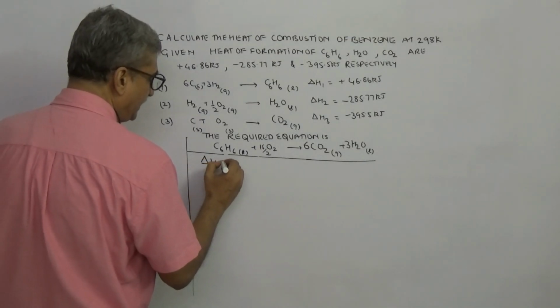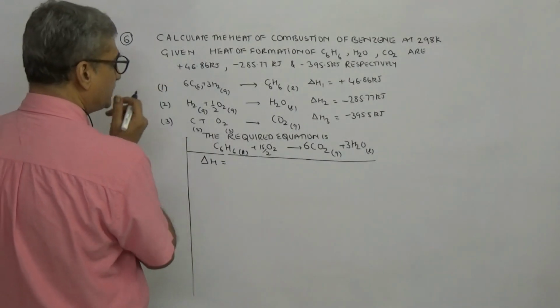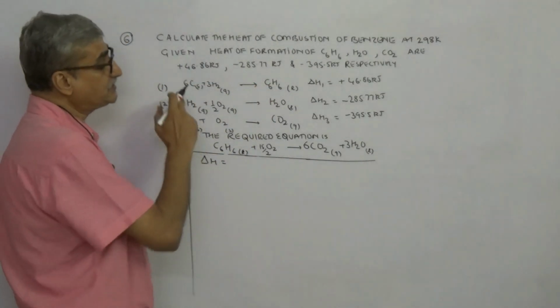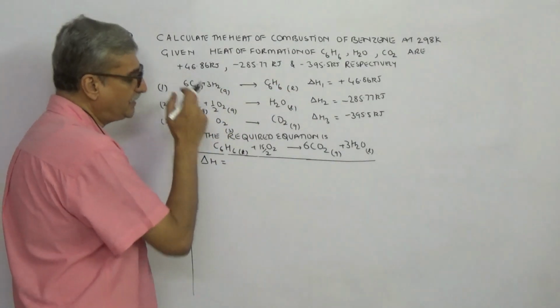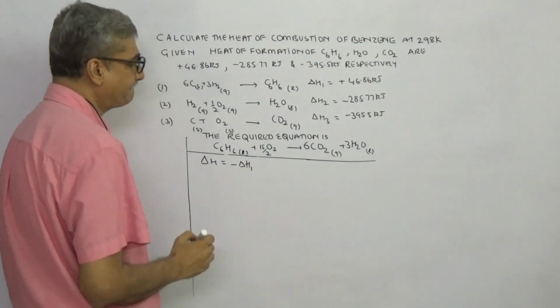Now what do we have? Delta H will be equal to, see, in the first sum you have got heat of formation of benzene. You need benzene here on the reactant side. So minus delta H1.